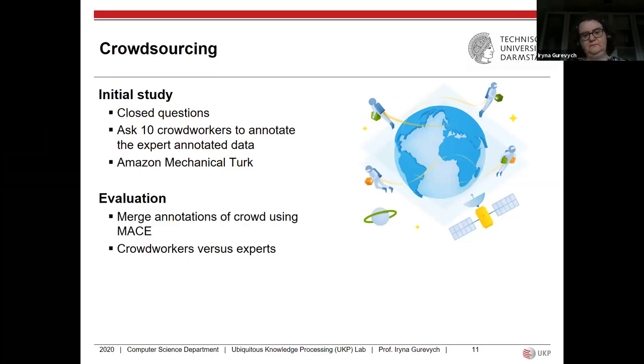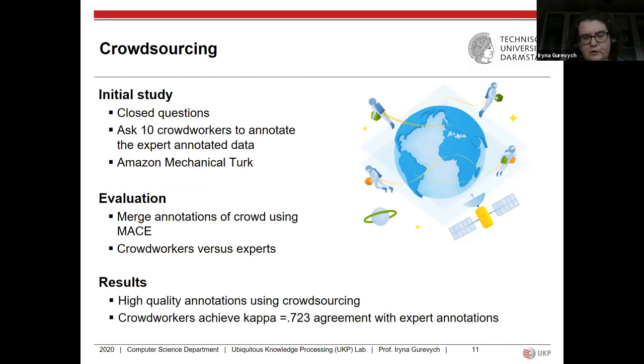And then we merged the annotations of the crowd using MACE, and we compared the agreement of crowd workers versus experts. The result is that the crowd workers achieve kappa of 0.7 agreement with expert annotators, which we consider to be a very good result, since it is comparable to the agreement of experts among each other.